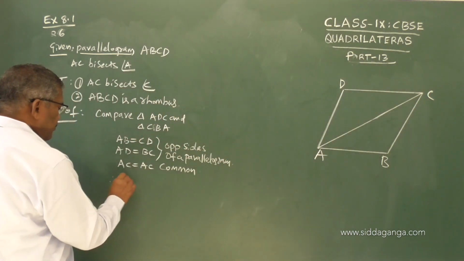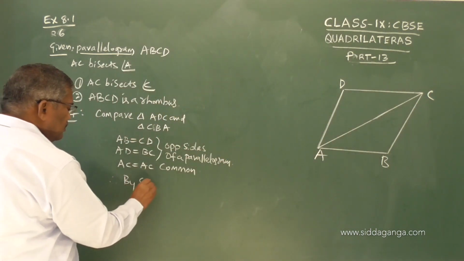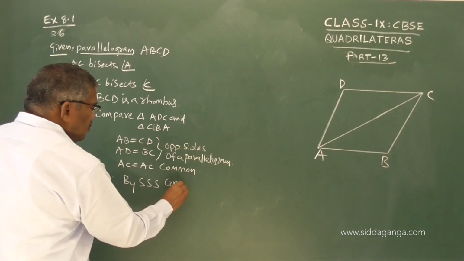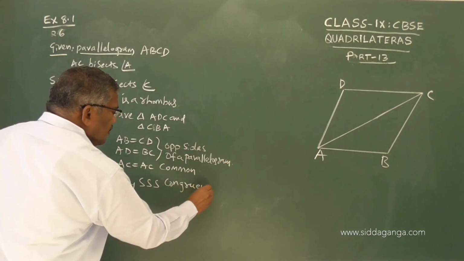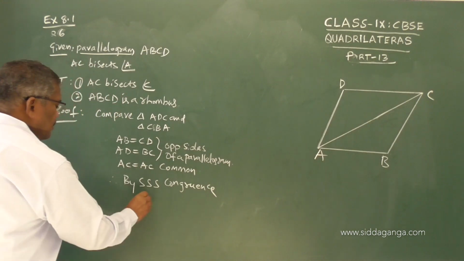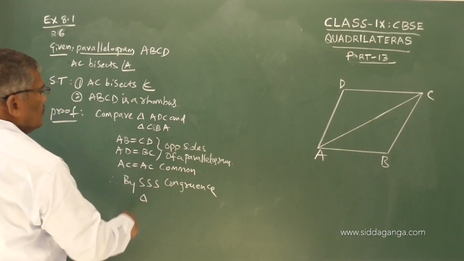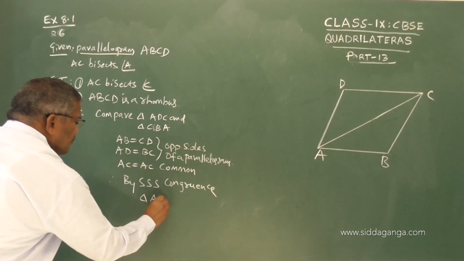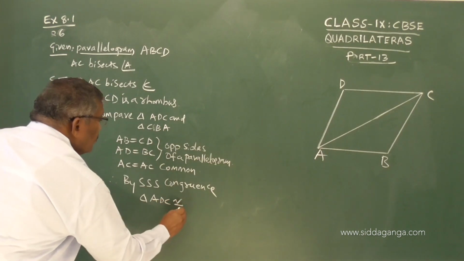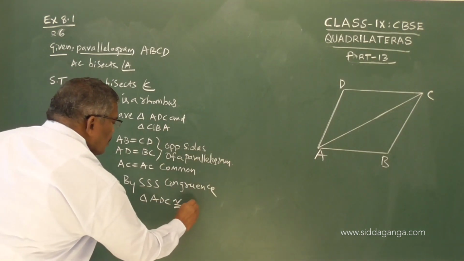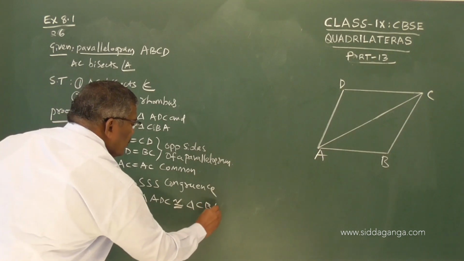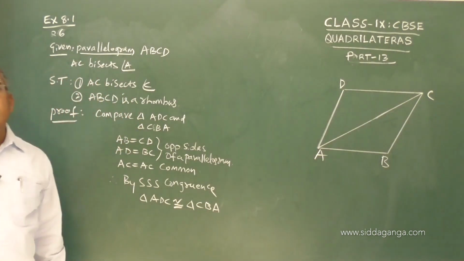So, therefore, by SSS congruence, triangle ADC is congruent to triangle CBA.